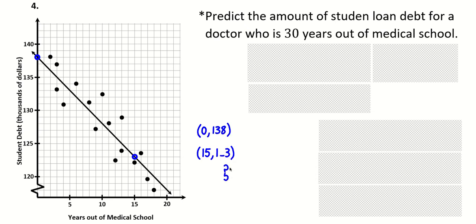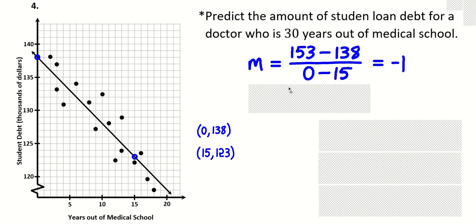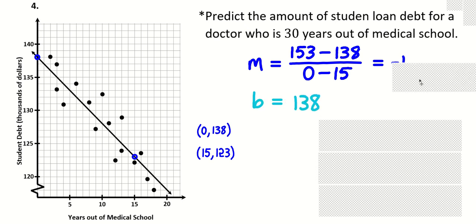It was a 2 all along. Oh, no. I think we need to fix this as we go here. 15 comma 123. So 0 comma 138, 15 comma 123.